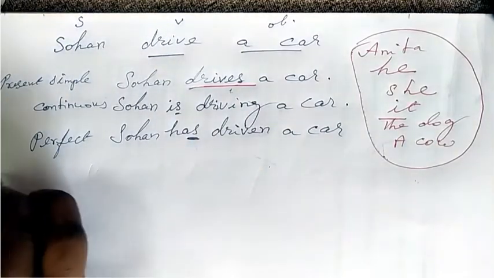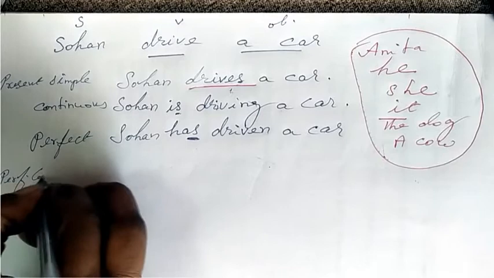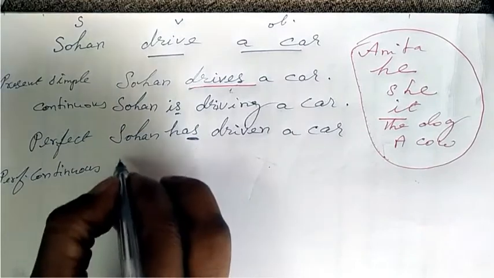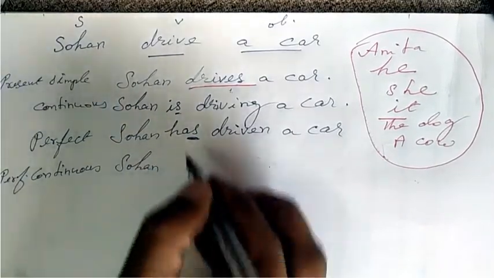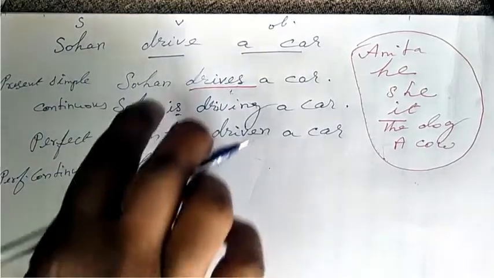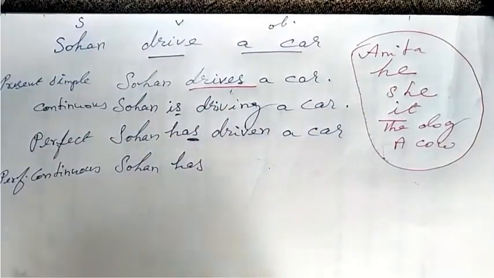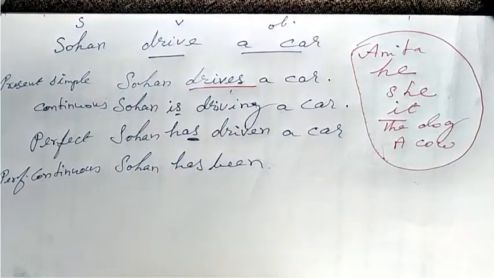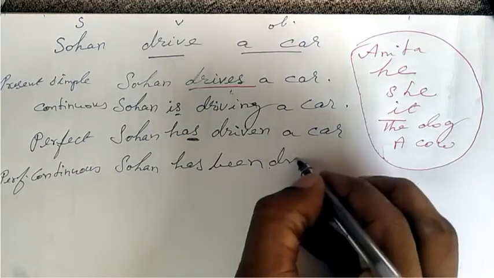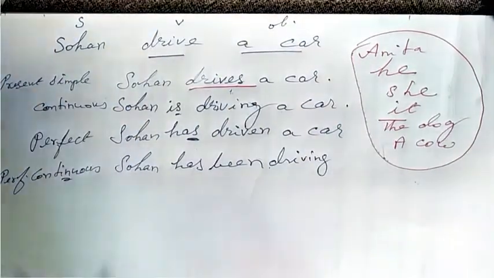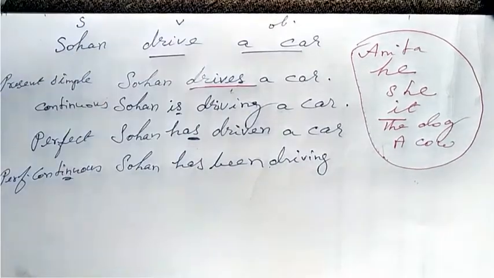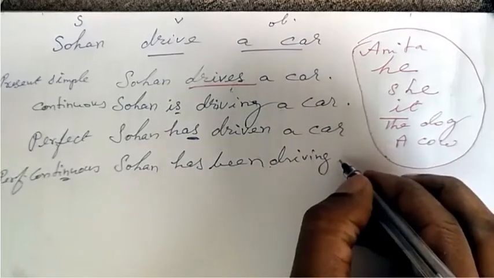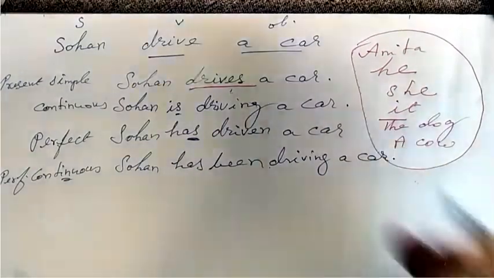Similarly, for perfect continuous, we will say Sohan has, because it is third person singular, connected verbs, been. Sohan has been driving because it is continuous. The continuous is indicated by ing, be group and ing. Sohan has been driving a car.